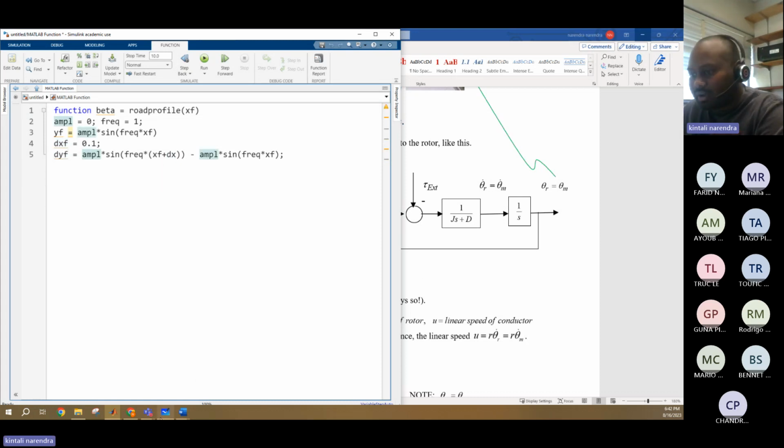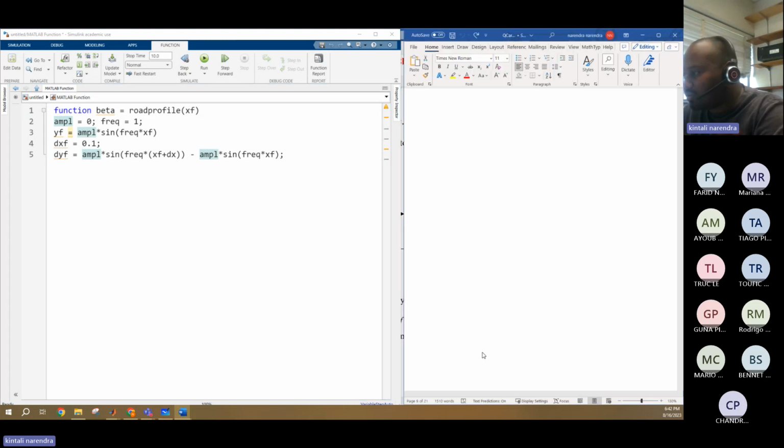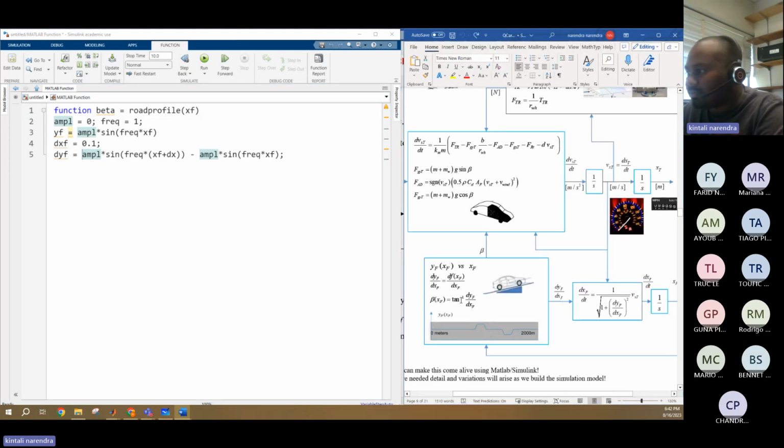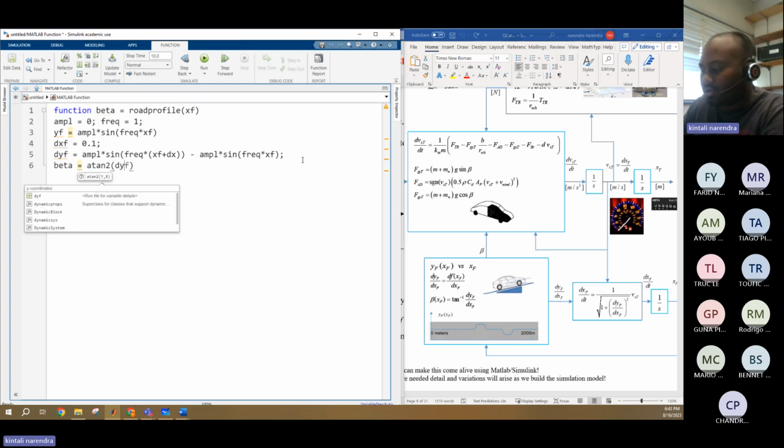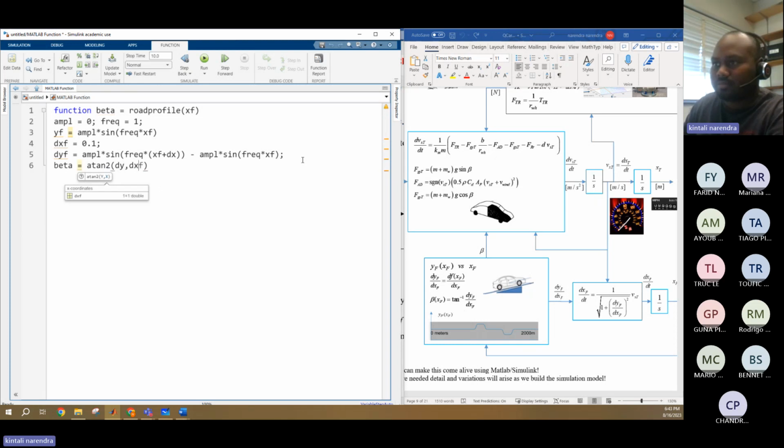Now, if you want to find beta, go to the notes. Beta is nothing but tan inverse of dyf by dxf. So beta is equal to atan2 in the MATLAB function, atan2 of dy comma dx, that is, dyf comma dx.